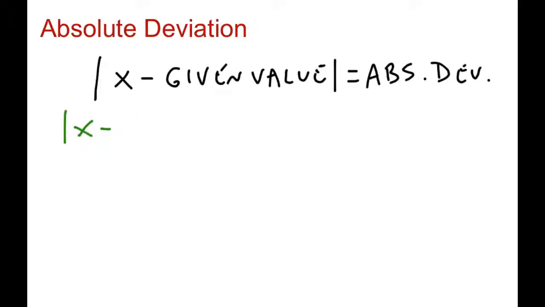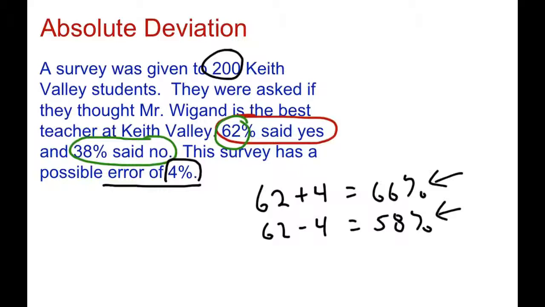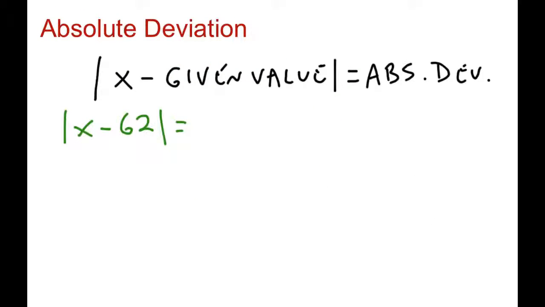Said yes. Our given value is our 62. Our absolute deviation, that's the deviation or the error, so equals 4. So that's how I would write the equation. X minus 62, that was our given value, equals 4, the deviation or what the error was.